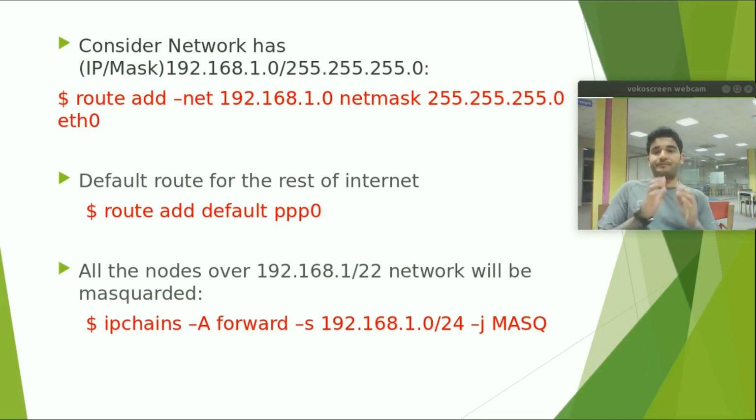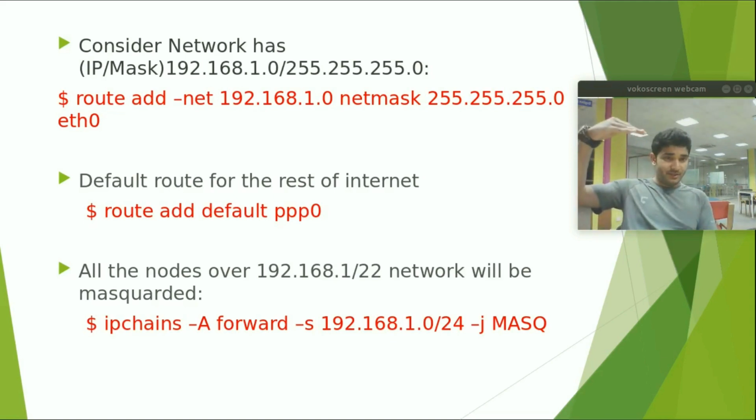Okay, PPP0. Then all the nodes over 192.168.1.0 are going to be masqueraded if you use this command. The command below: ipchains -A forward -s, then you write the IP address with the port number. I have written the port number as well. Then you write -j, and then MASQ, all in capital, when you execute that command.